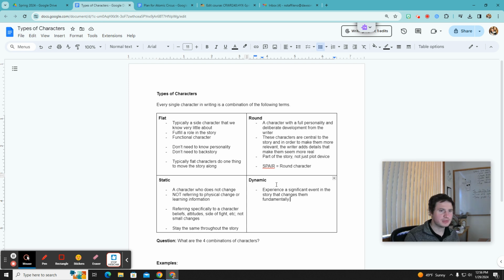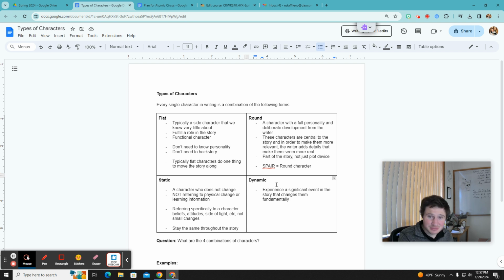I remember teaching middle school. I'd have my students do static versus dynamic characters. And sometimes the dynamic event that they would come up with would be like the character getting turned into a new species or something, like a superhero story. Like the character gets struck by lightning and becomes Lightning Man. That is not a dynamic character.